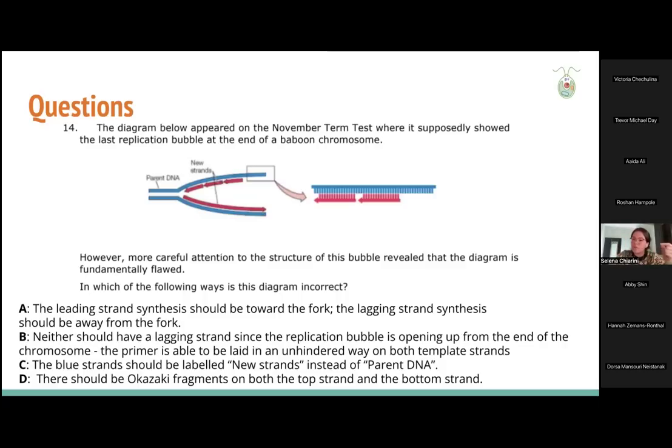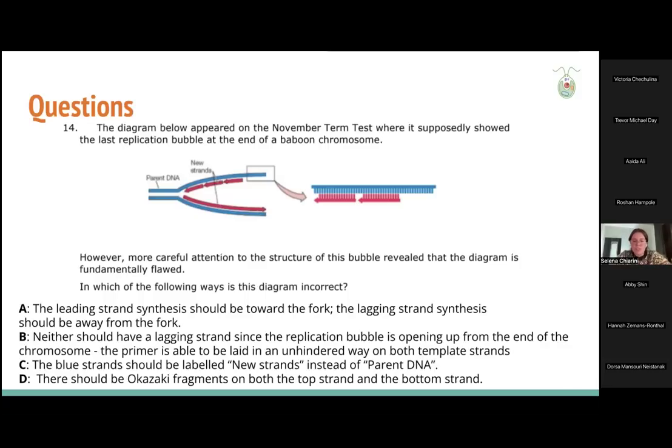Because we have to still follow the rules of 3' to 5' in terms of reading and 5' to 3' in terms of synthesizing. In this case, that means one of the primers will have a nice continuous strand and the other one will have those little tiny ones that need to be glued together. Saying Okazaki fragments should be both on the top and bottom makes that statement null and void. So we know D right away is wrong.